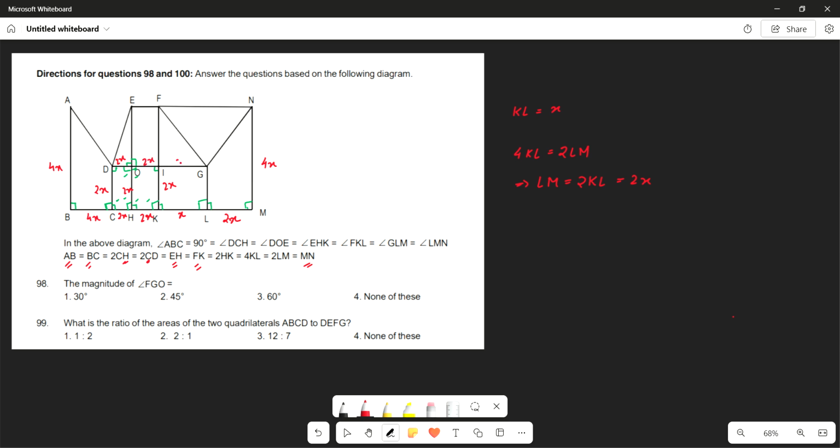This is X. So I need to find the value of this angle at G. Using trigonometry, tan theta is equal to perpendicular over base, which is FI by IG. What is FI? The total is 4x, this entire thing is 4x.